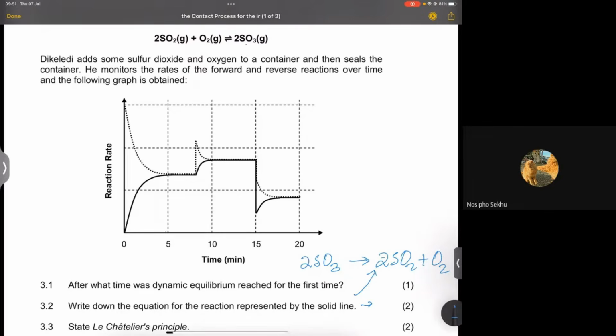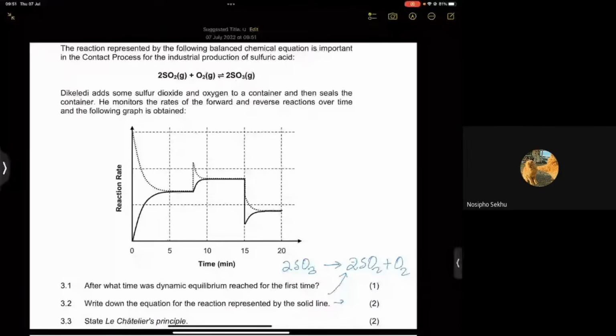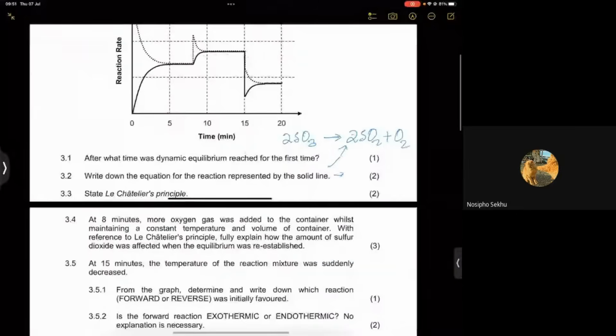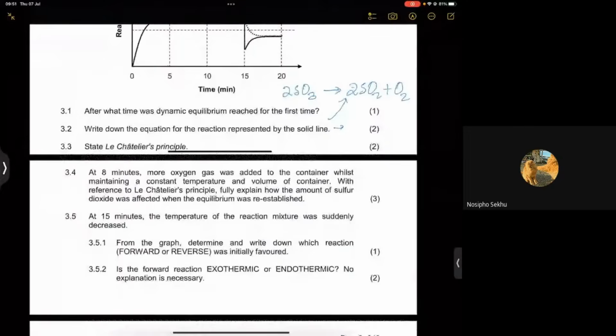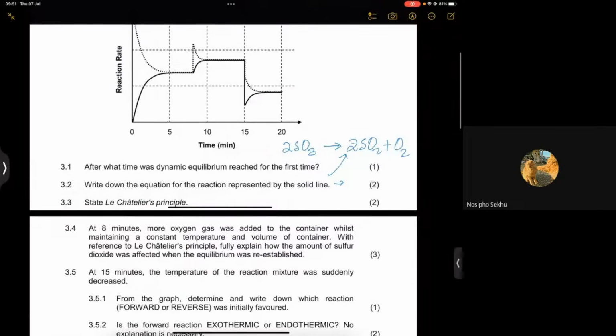There are different ways of stating Le Chatelier's principle. Please just choose one which resonates with you better. There is nothing wrong with the other ways. Let's go to the next question because we are fast running out of time.